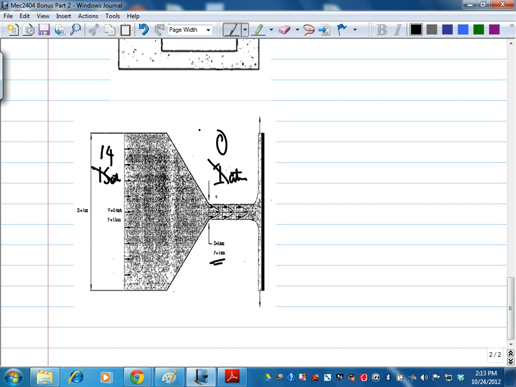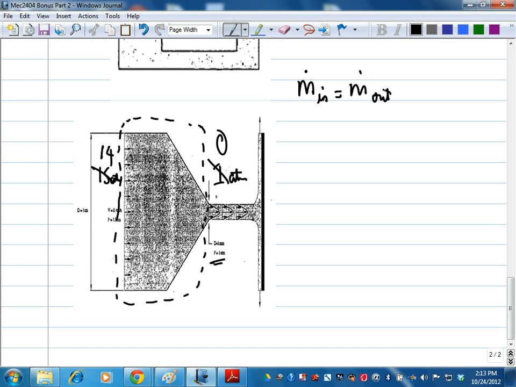Alright, so then this is our control volume. Okay, so m dot in equals m dot out. Using this, I should be able to find that Umax that they are talking about. M dot is rho times area.